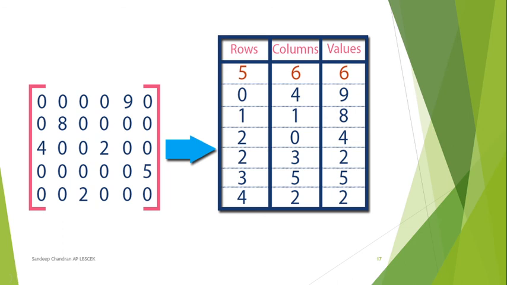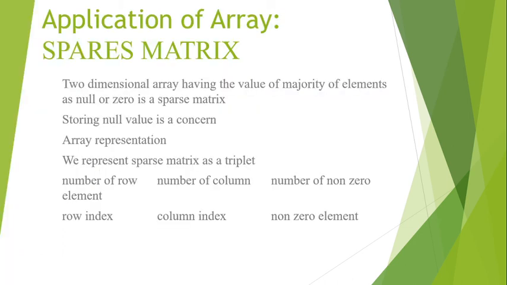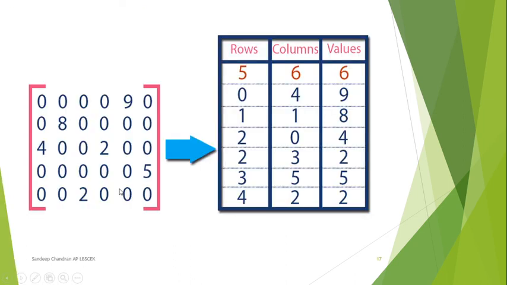So we use some other method to represent this. Storing null values is a concern. What we will do is use an array representation, representing the sparse matrix as a triplet. What is the triplet representation? First of all, I will show you the example.